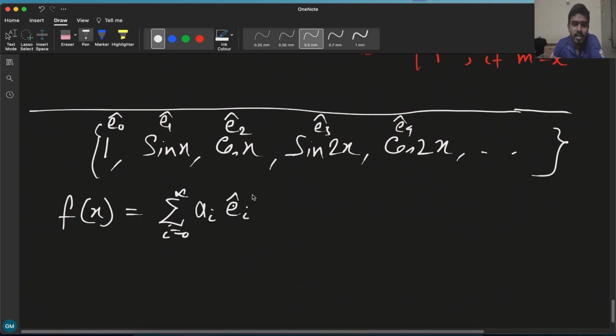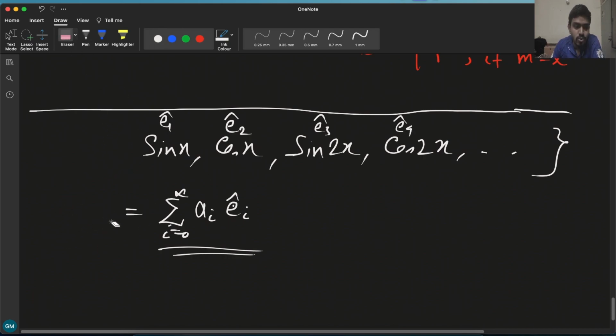And this is just like vectors: if these are the basis vectors, then any vector can be written as a linear combination of these basis vectors. The same idea I will use for these Legendre polynomials.